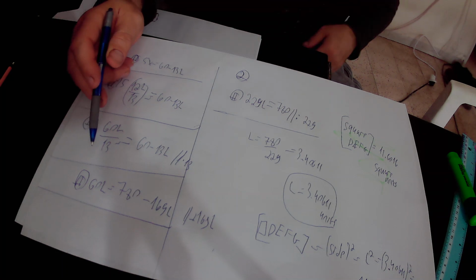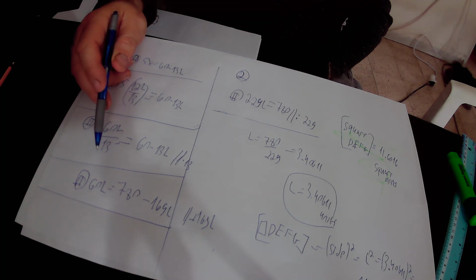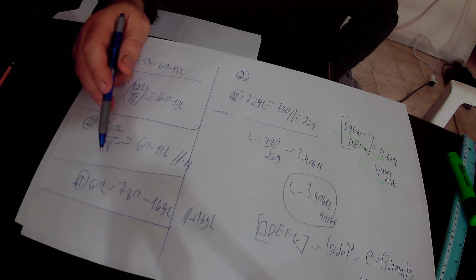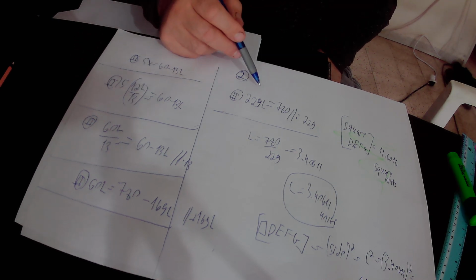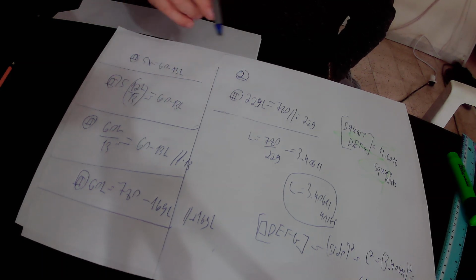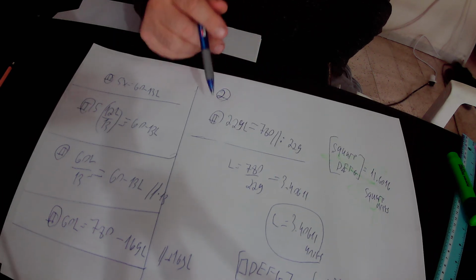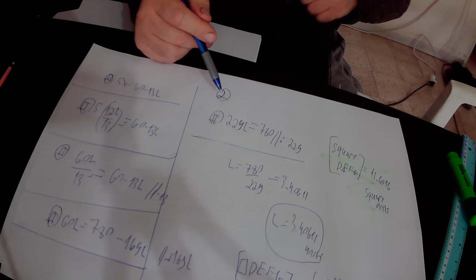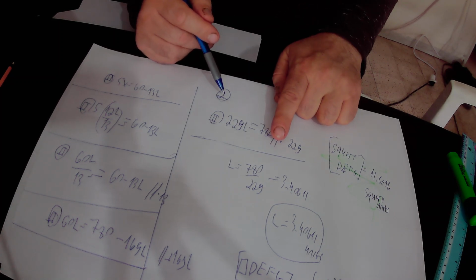Here we added 169L to equation 2, and found that 60L plus 169L equals 229L, and so 229L equals 780. Here we divided equation 2 by 229, and finally found that L equals 780 over 229.